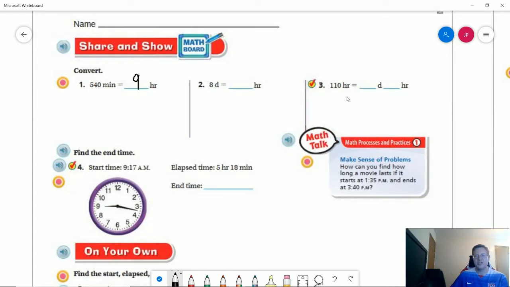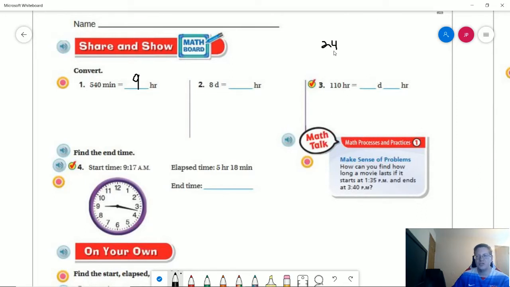This one, 110 hours. Normally we think of up to maybe 72 hours as something that we would think of, and then we would refer to it as a number of days. So this one we might have to think a little bit. If we do 24 hours in a day times 5, we would end up going past this by 10 hours.